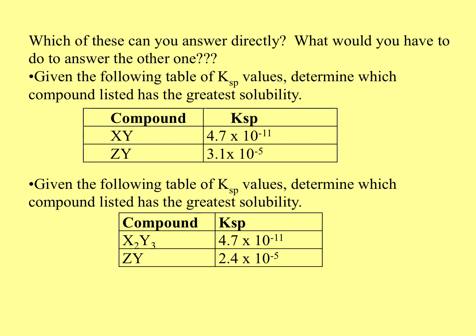So for the first compound, you can see that it separates into X positive and Y negative. And the second one is ZY, I'll put the equilibrium by the way, Z positive and Y negative.